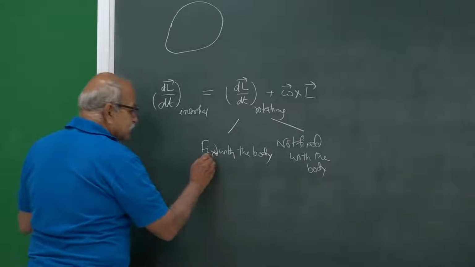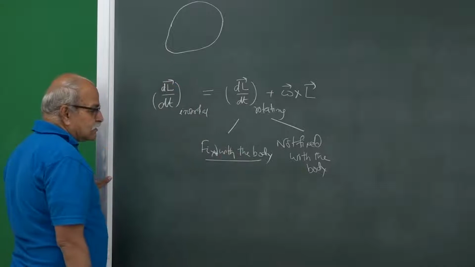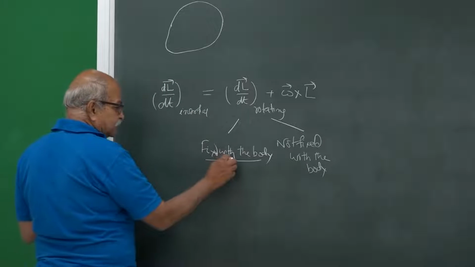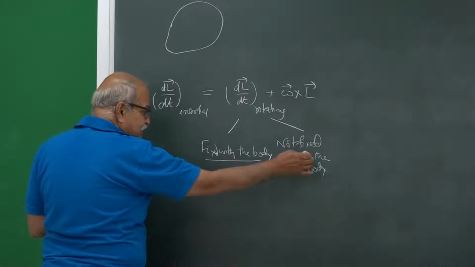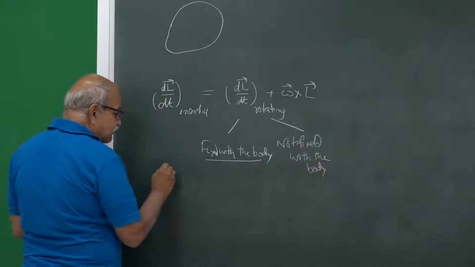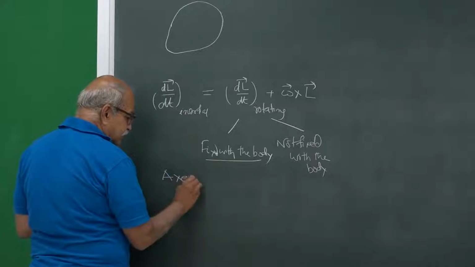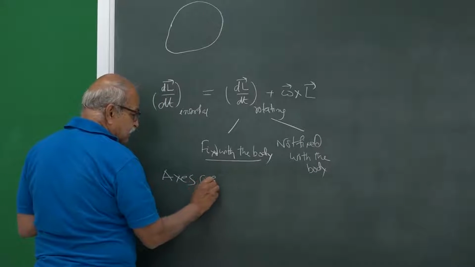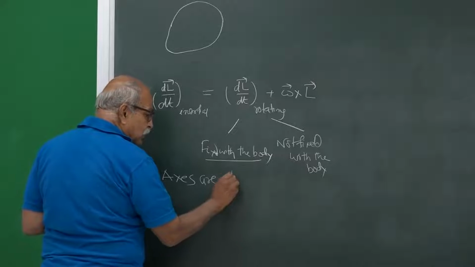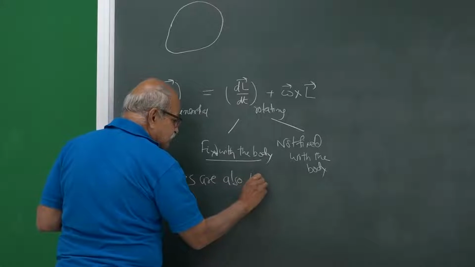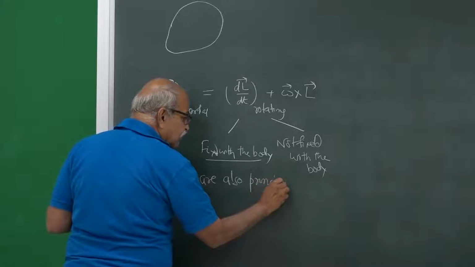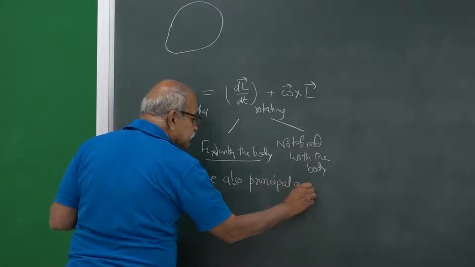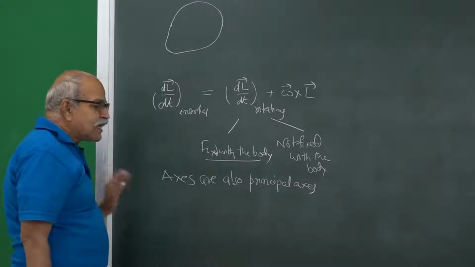If you are choosing the frame which is fixed with the body, or even in this case also, if the axes are also principal axes, right. And what is a principal axis?